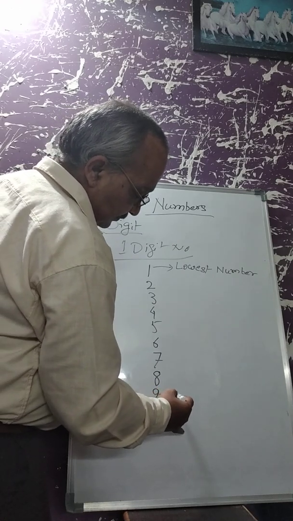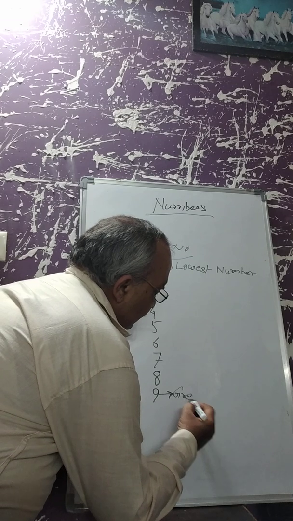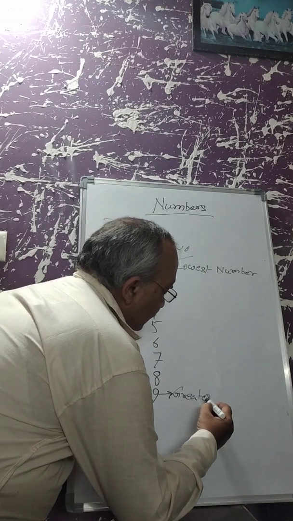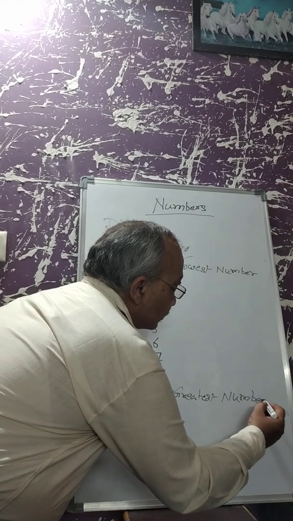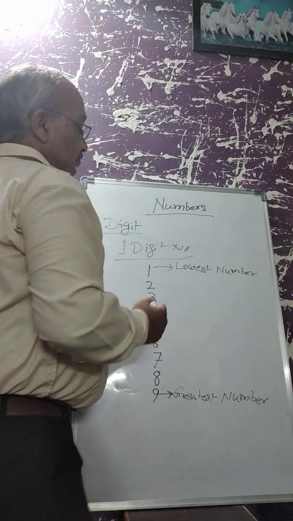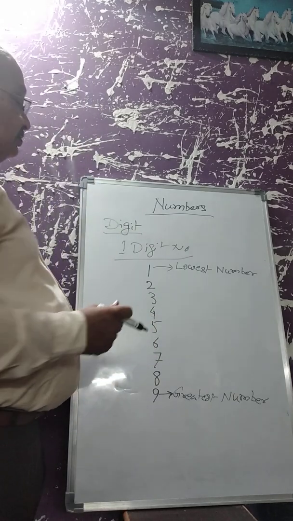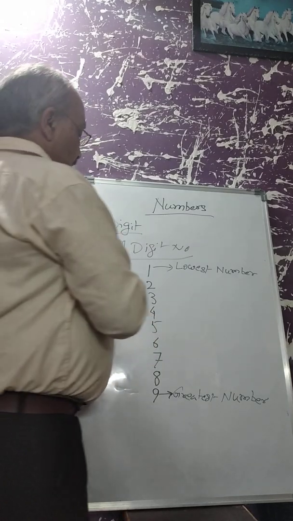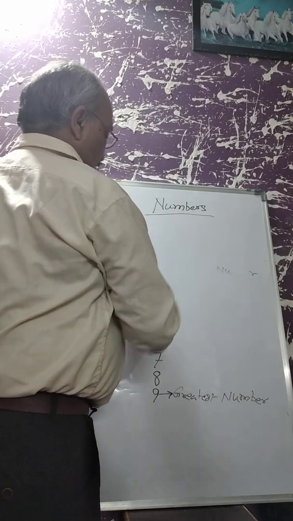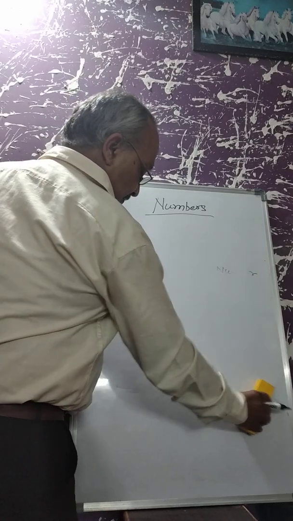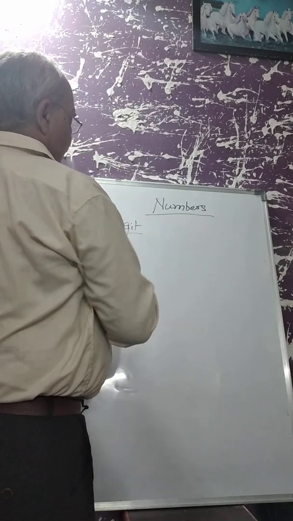Likewise, this is the greatest number, or sometimes it is called the highest number also, and sometimes the lowest number is also called the shortest number. So we have found what the one digit number is.